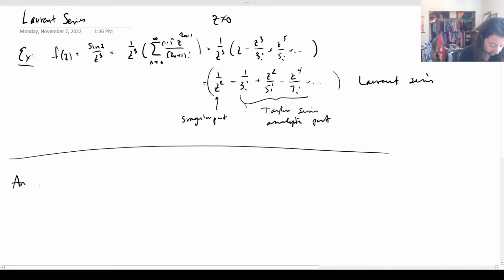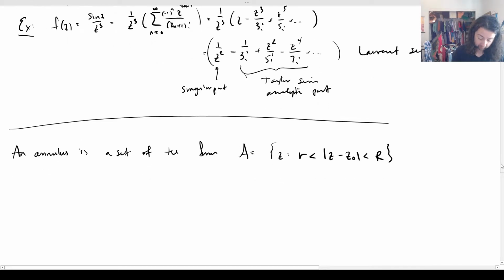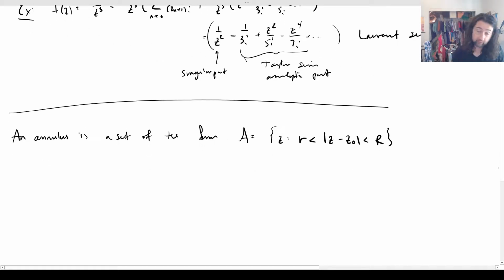So an annulus is a set of the form A is equal to all z's satisfying the property that the modulus of z is strictly between some inner and outer radius. So here r could be 0, and R could be infinity.